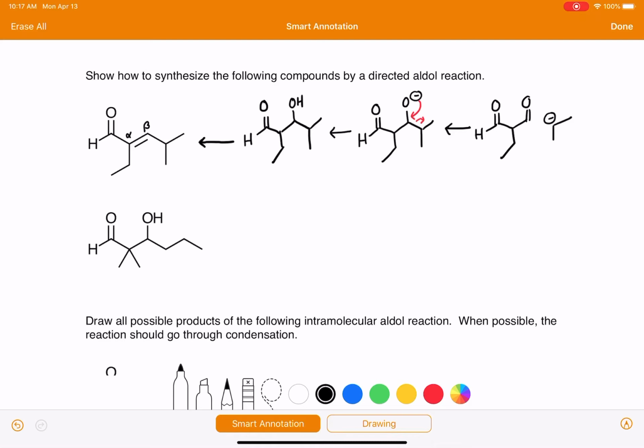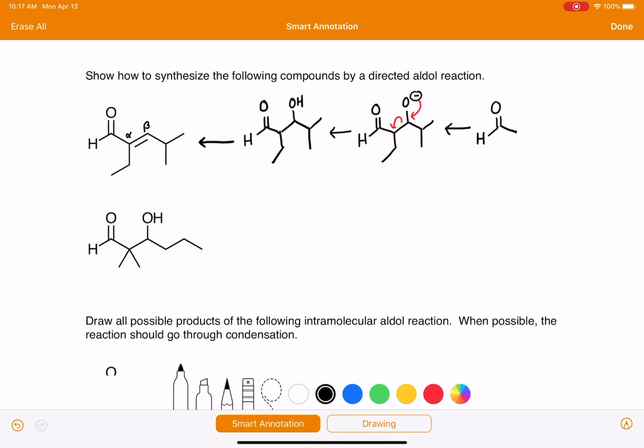That's not how we start aldol reactions. We don't start with a dialdehyde, that's what this is. We start with two different aldehyde molecules, so that's not going to work. This little guy right here, that's not the bond that we want to break. We want to break this one. We're always breaking bonds towards the other carbonyl group.